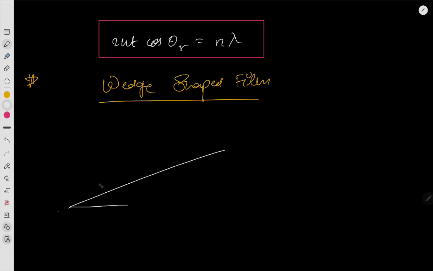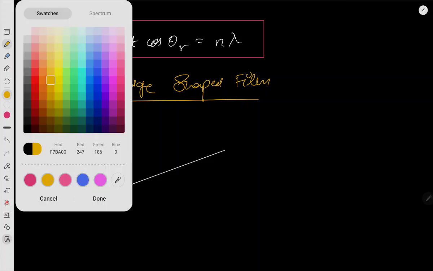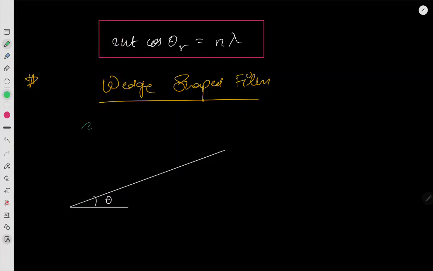You must have seen a wedge in our kinematics, and so if a ray falls on it like this at an angle, then let us assume it goes along the normal, that is like this.